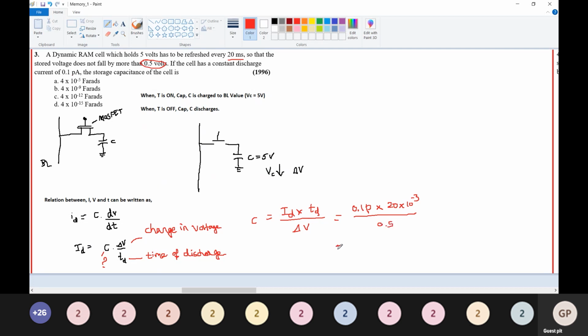So when you substitute all these values, you'll be getting 2 into 10 to the power minus 15 divided by 0.5, which is equal to 4 into 10 power minus 15 farad.